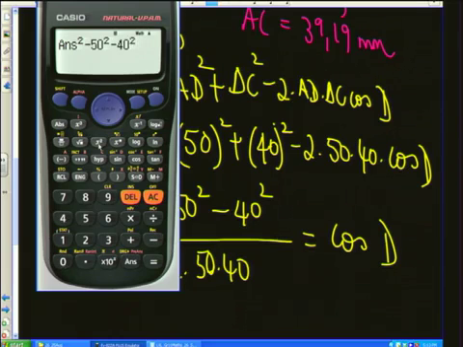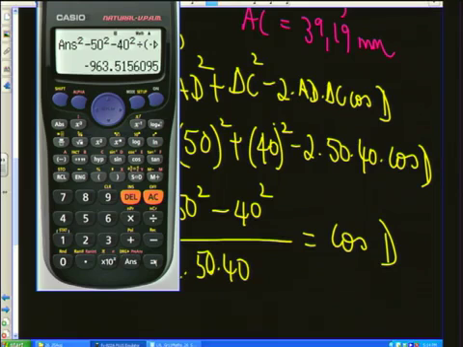Keep your eye on the screen to make sure that you haven't lost anything. Divided by, and we have this negative 2 times 50 times 40, and that's all equal to a negative 56, which cannot possibly be true.